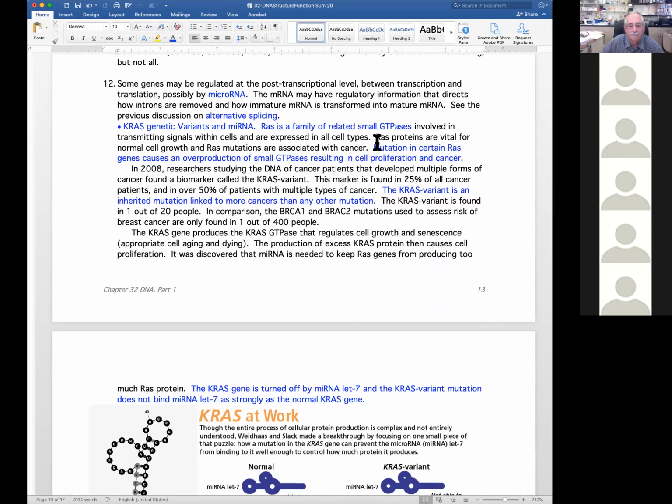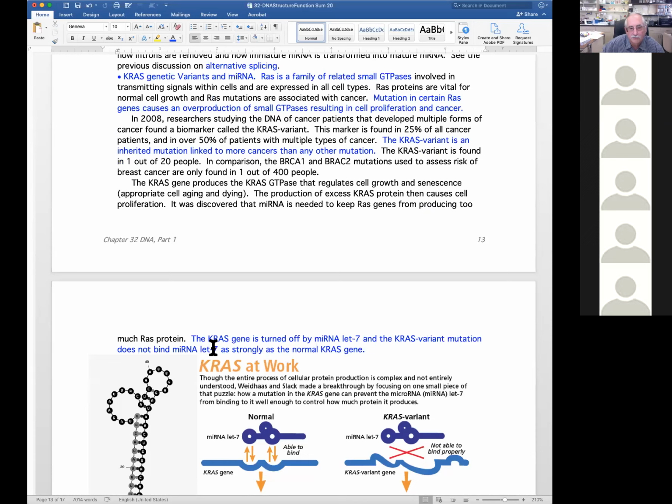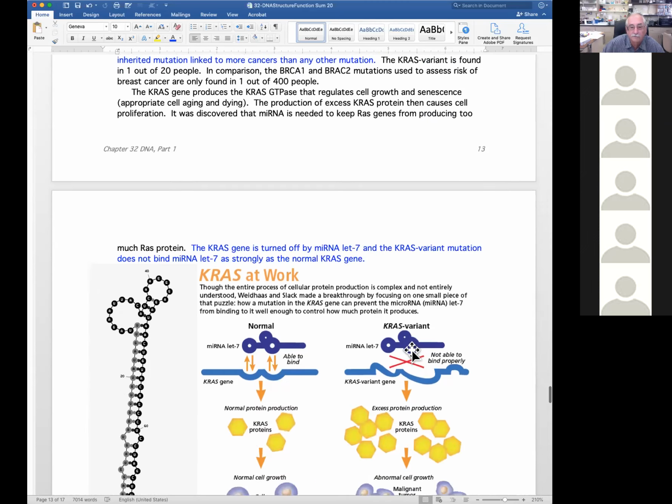So there's the KRAS gene that codes for these small GTPases. It's turned off by this microRNA they call LET7. And there's several drugs that are now being tested to attack these genes and turn them off.